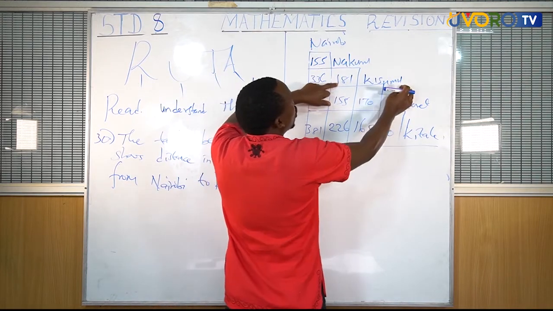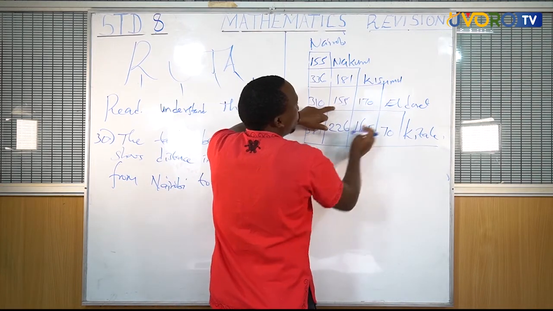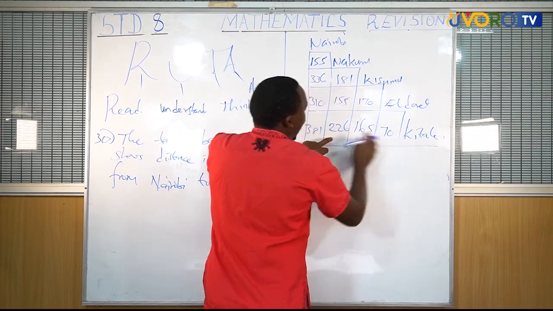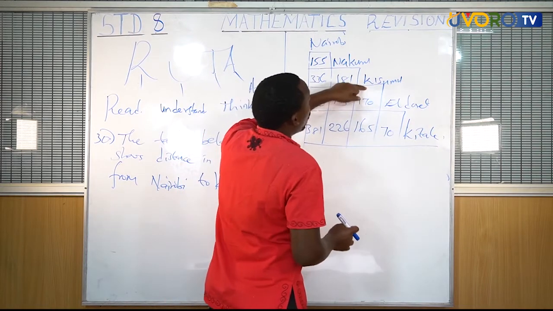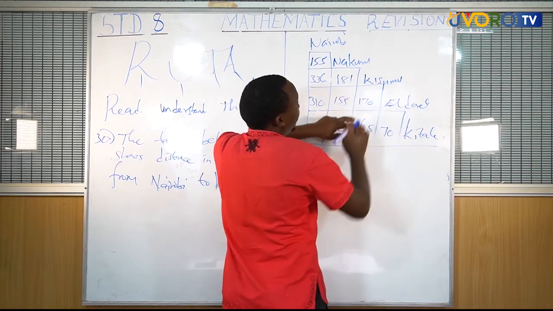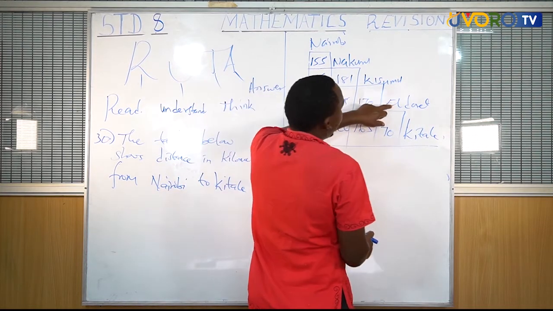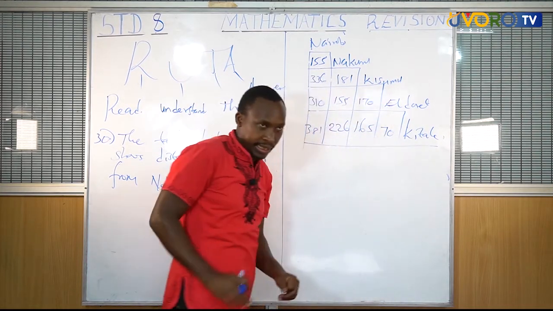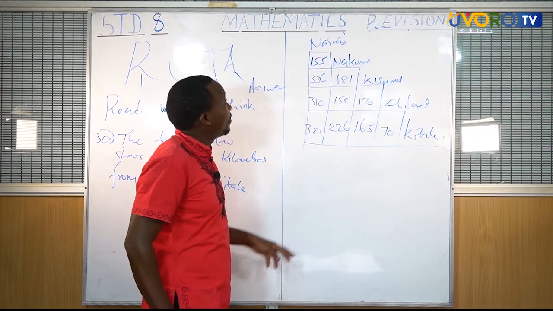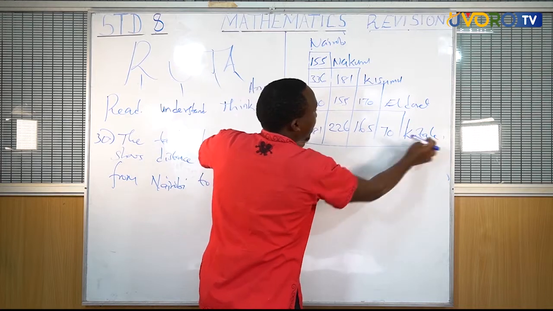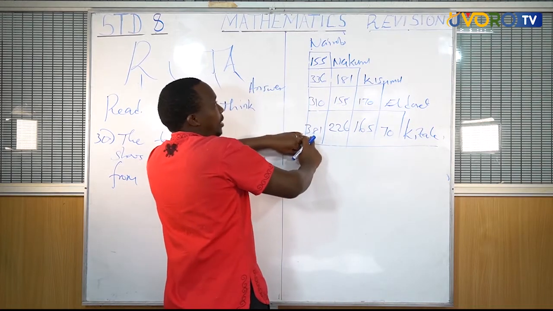Nakuru to Kisumu, 181. Nakuru to Eldoret, 155. Nakuru to Kitale, 226. Kisumu to Eldoret, 170. Kisumu to Kitale, 165. Eldoret to Kitale, 70. What about Nairobi to Kitale? Nairobi to Kitale, 381.